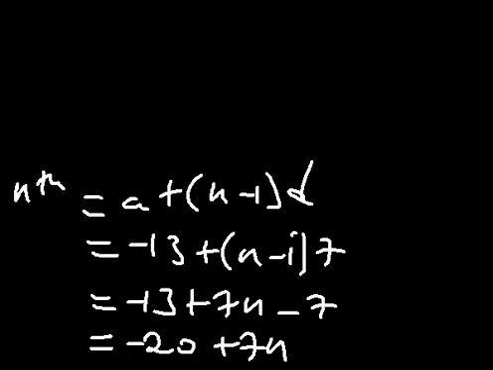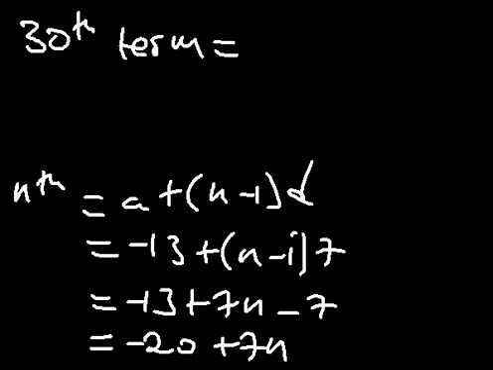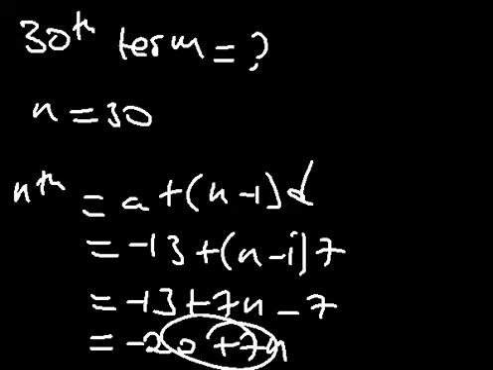So now what is, let's say, the 30th term, the term on position 30. So which means in this case the n is given as 30. So we just have to substitute for n into the nth term formula to have the value on position 30.